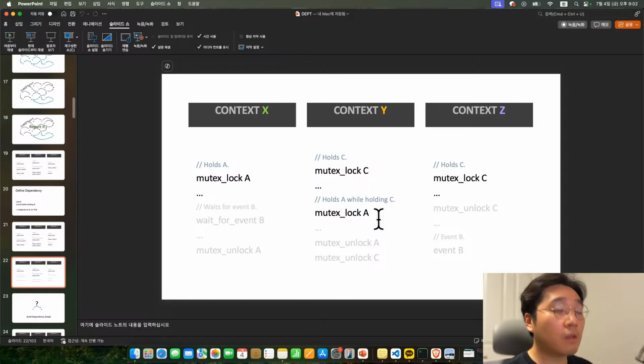And context Y wants to hold the lock A, but context X already holds the lock A.